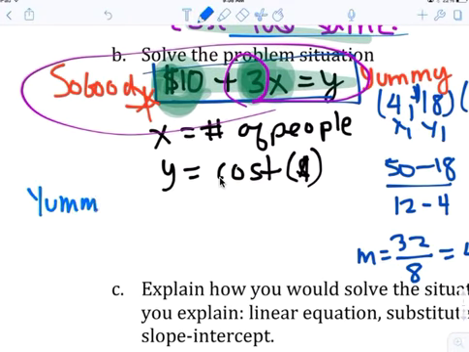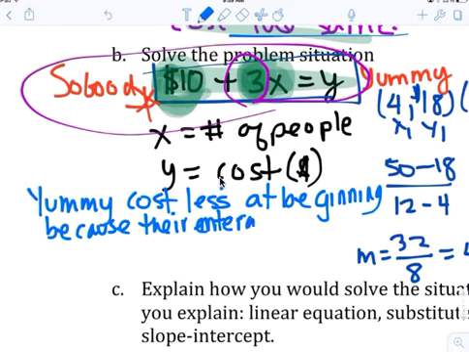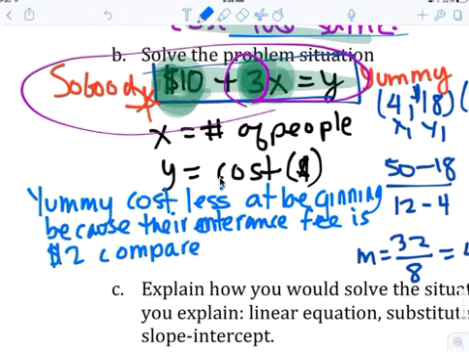Yummy costs less at the beginning because their entrance fee is $2 compared to $10 for So Good.